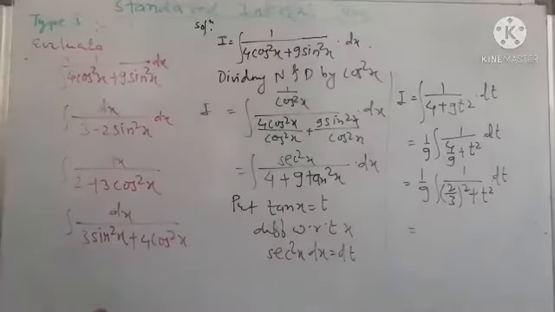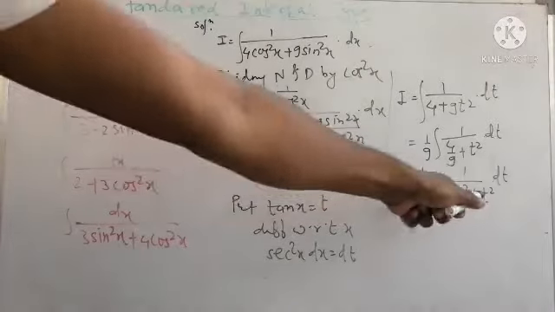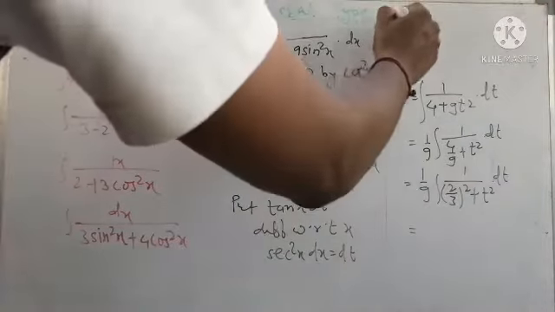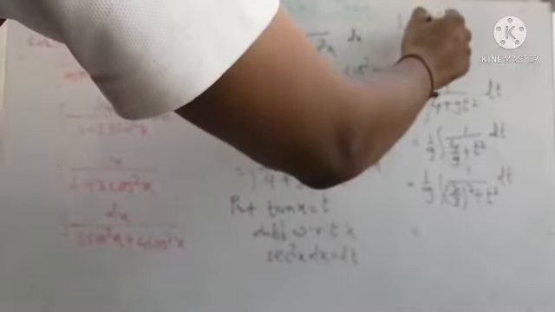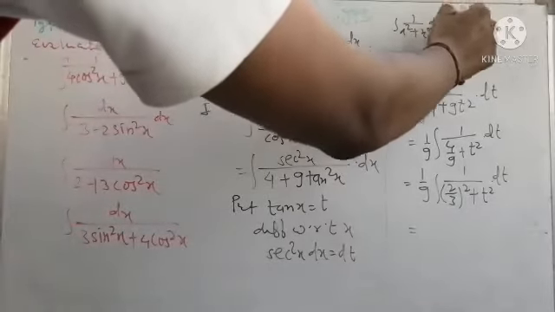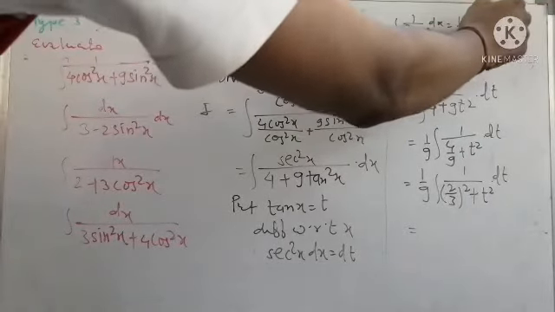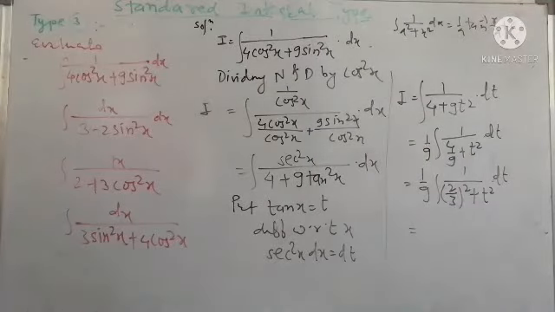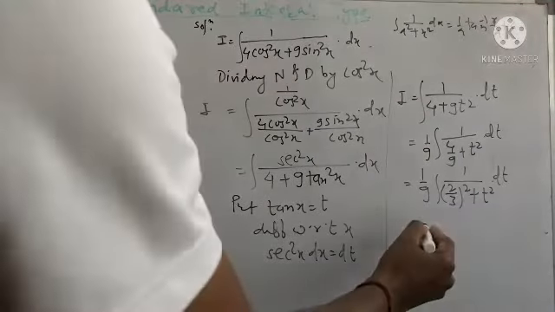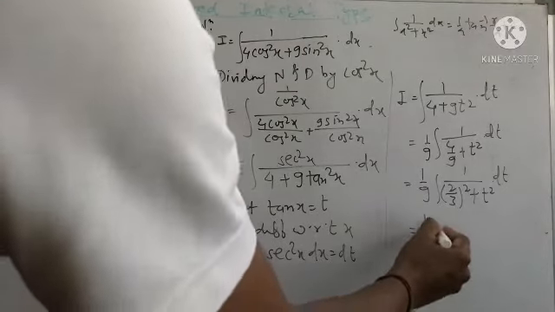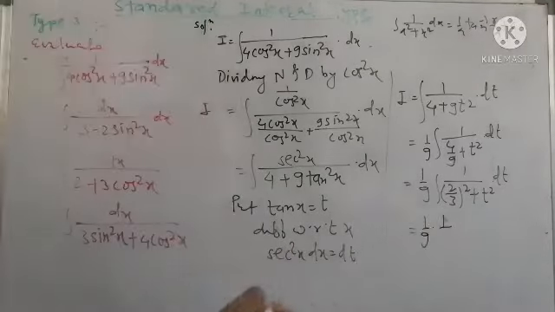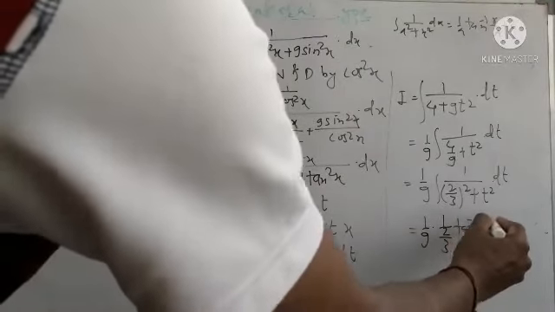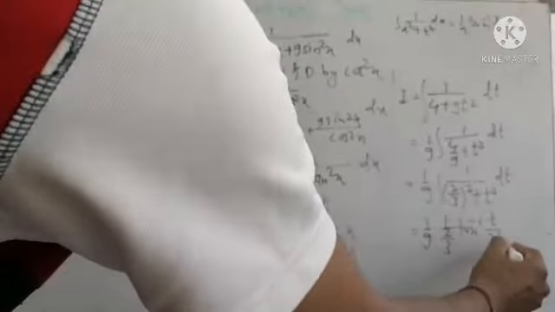Now using the standard form, as we can see addition is there, so a square plus x square is the form. The integration of 1 upon a square plus x square is always 1 upon a tan inverse of x upon a plus c. Here a is 2 by 3 and x is substituted by the variable t. So the integral is 1 upon 9 into 1 upon a, that is 2 by 3, into tan inverse of t divided by 2 by 3, plus c.